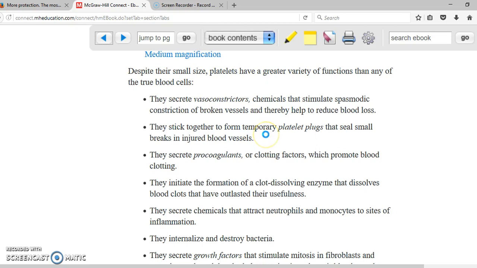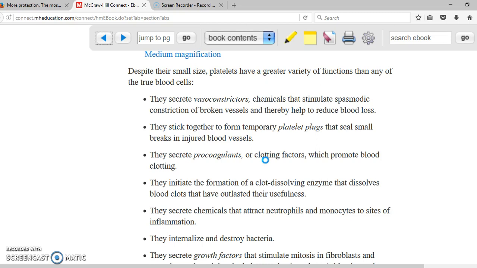Not only do they do that, but another very important function is that the platelets also are going to produce clotting factors. As you can see here, clotting factors, which are very important because they are going to produce coagulation. The clotting factors are going to be very important in coagulation.